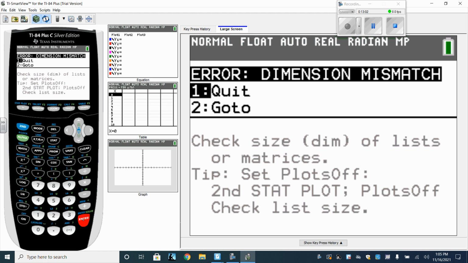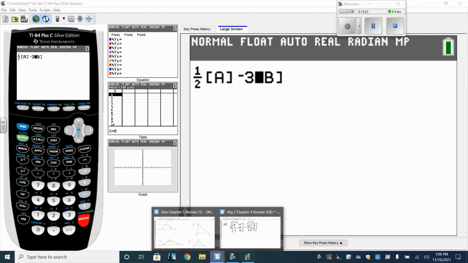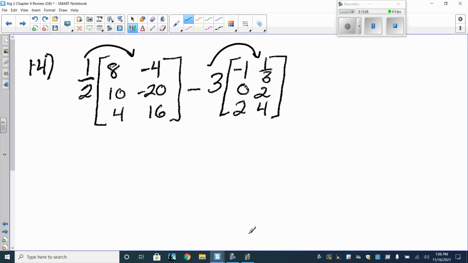Dimension mismatch. It doesn't work. Because if we remember, the dimensions of A are what? A 3 by 2, and the dimensions of B are a 3 by 2.